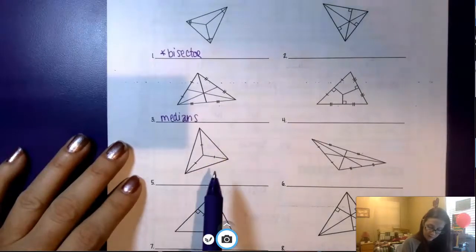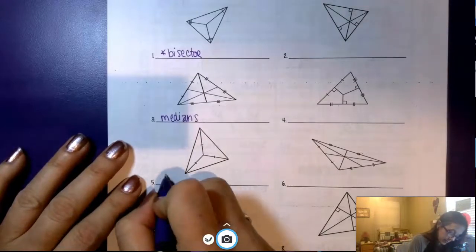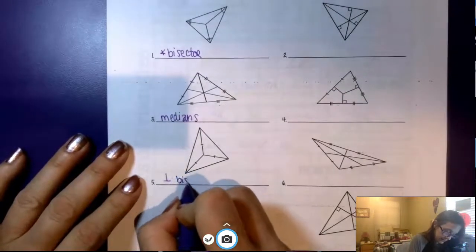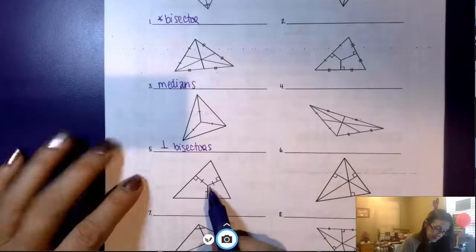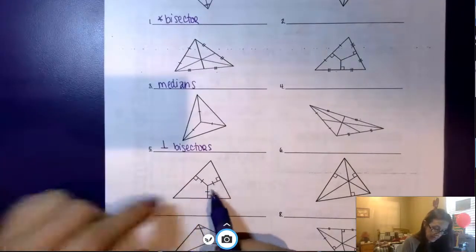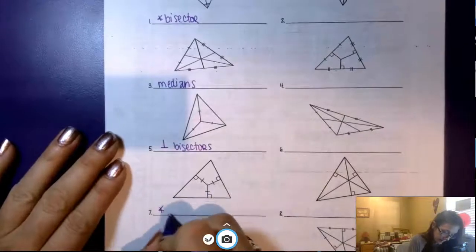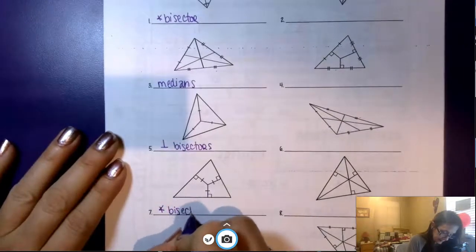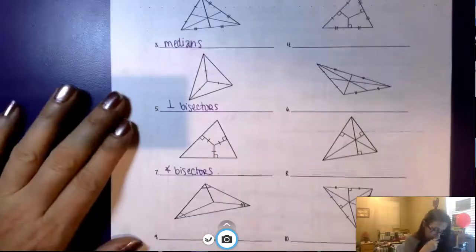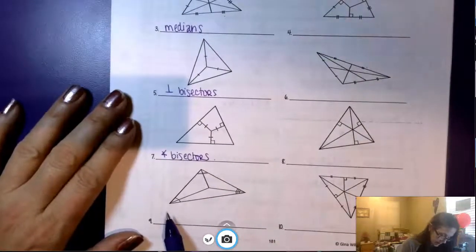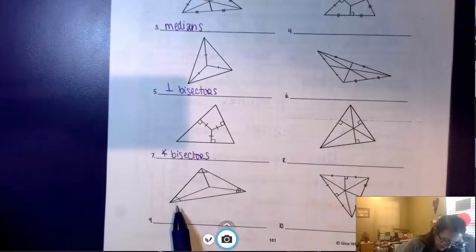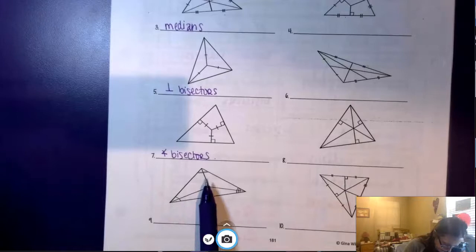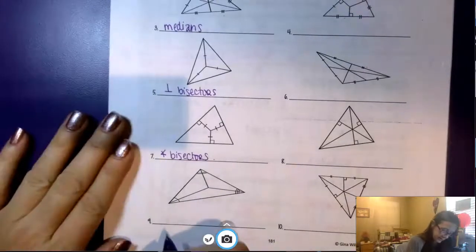So if they're equal distance to the vertice, those were my perpendicular bisectors. Now these ones are equal distance to the sides, not the vertices. Those are my angle bisectors. This one cuts, I believe that's cutting the angles in half, right? So these would be angle bisectors.